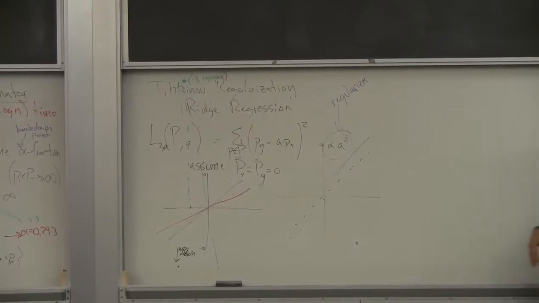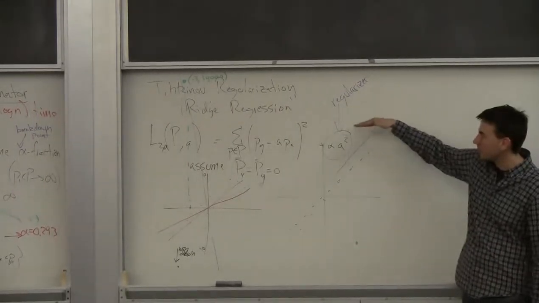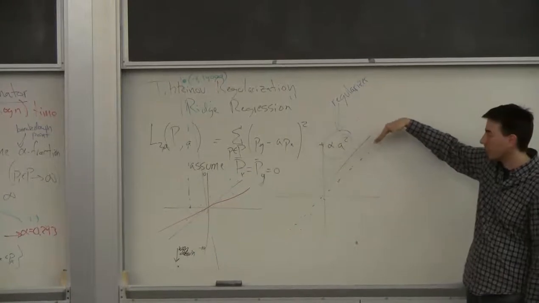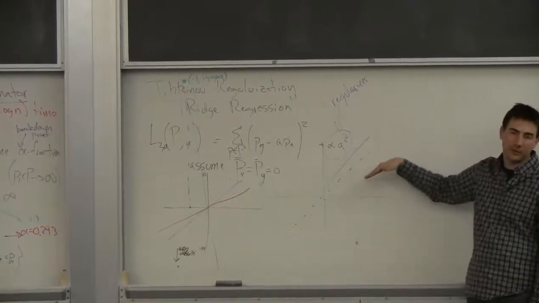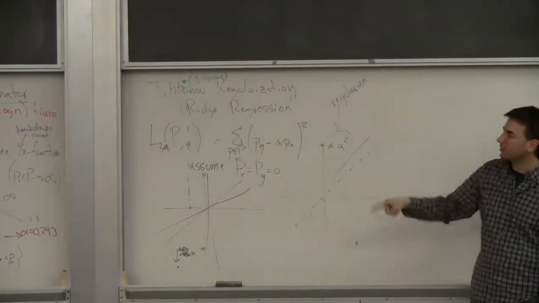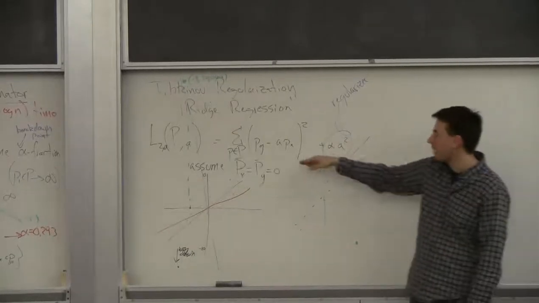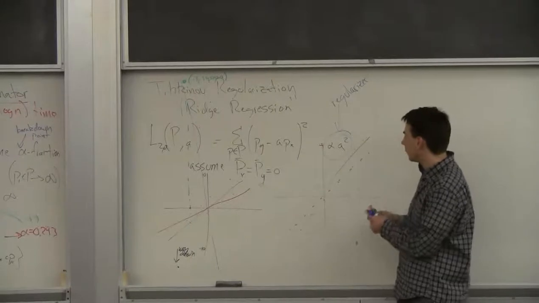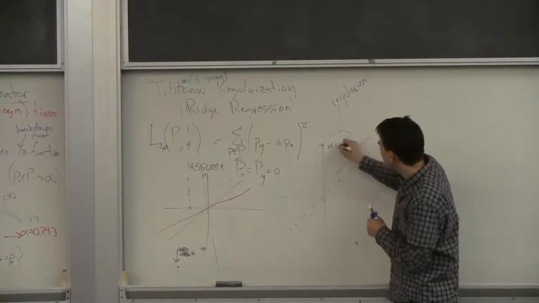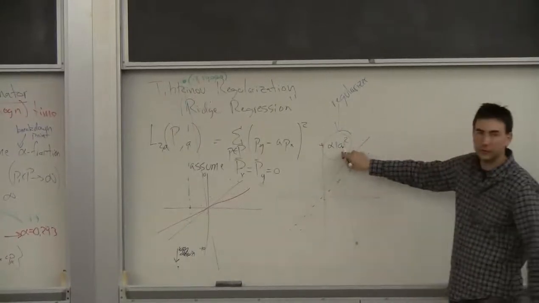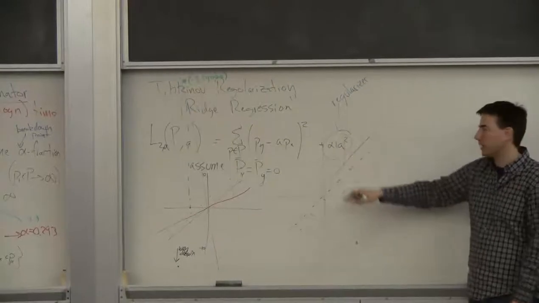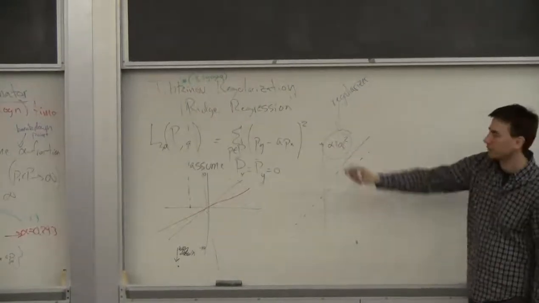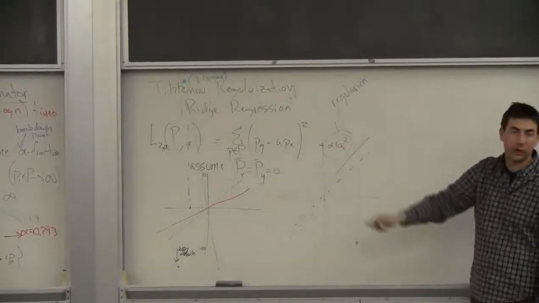But Tikhonov regularization is regressing the slope towards the mean. And if you did the same trick where you lifted this to a higher dimension, and instead of alpha a squared here you had this as a vector, the vector squared, then you can do this with the average value as well, the value of all ones.